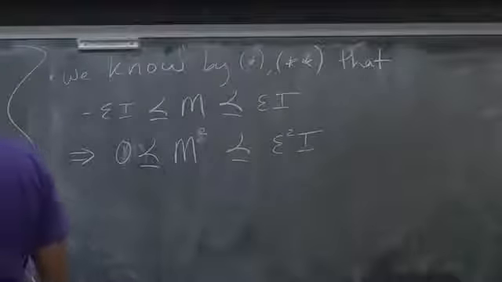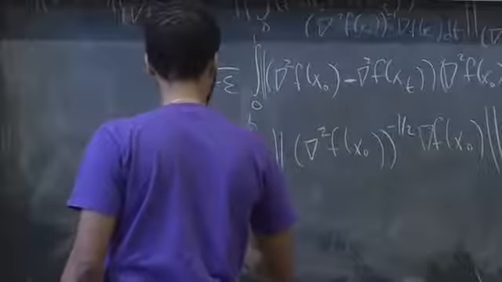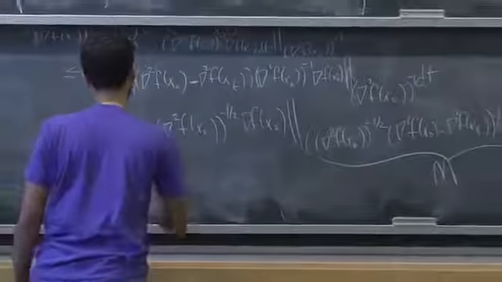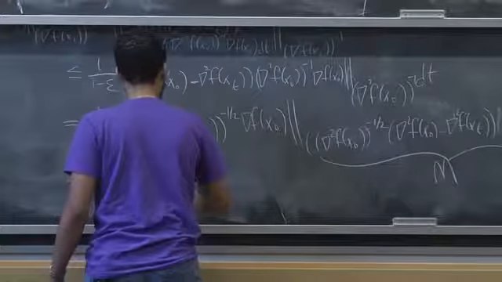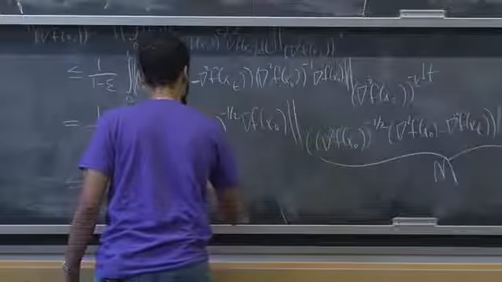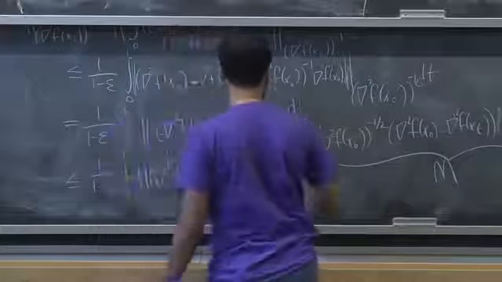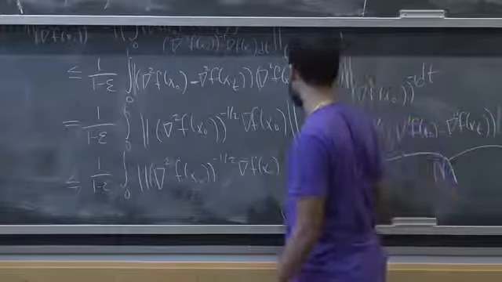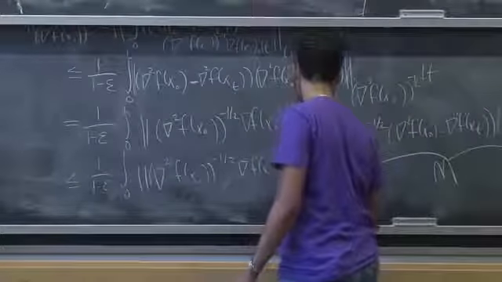So this thing is therefore at most 1 over 1 minus epsilon, the integral from 0 to 1 of the integral of this thing, f of x0 to the minus 1/2, f of x0, times epsilon squared identity.